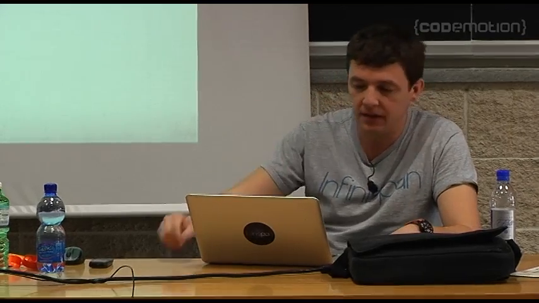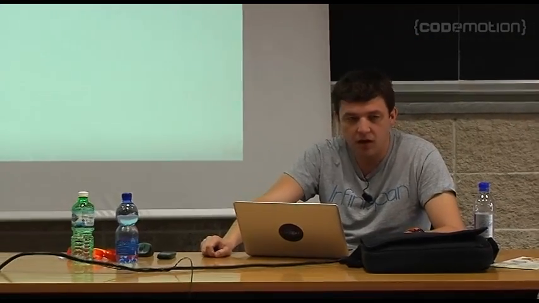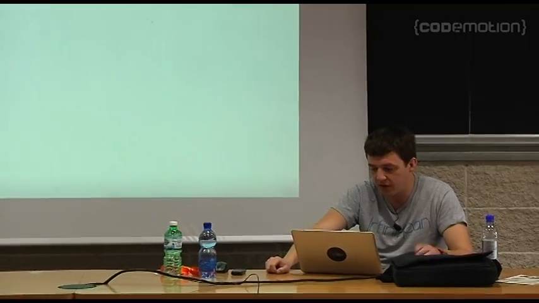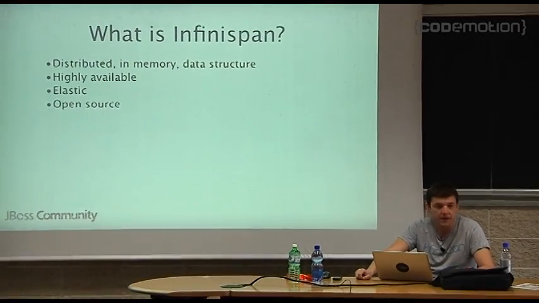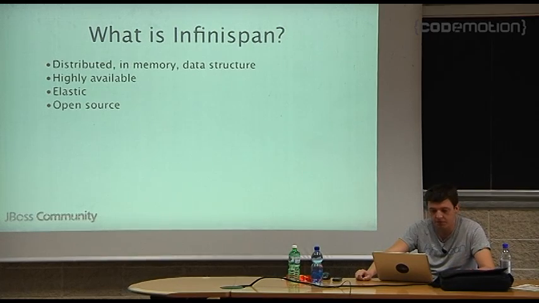What is Infinispan? Well, it's a data storage engine composed of a set of processes that communicate with each other over a network, over sockets. In clustering terms, or in Infinispan terms at least, each such process is called a node and has some memory available for storing data.